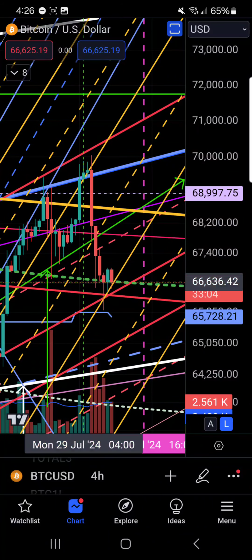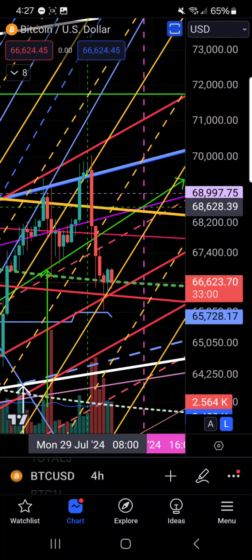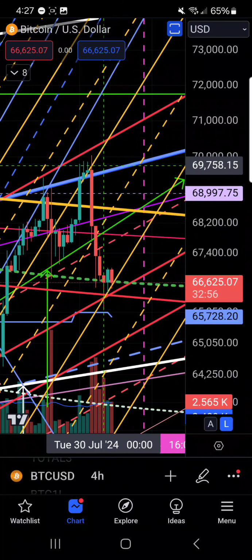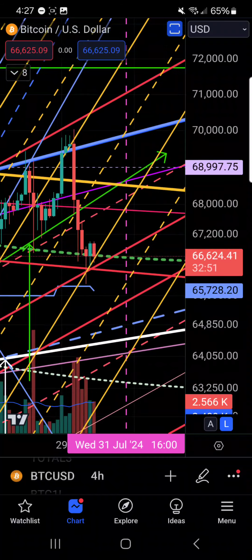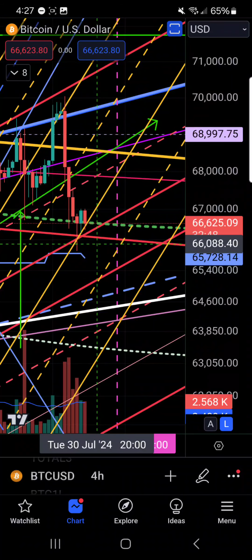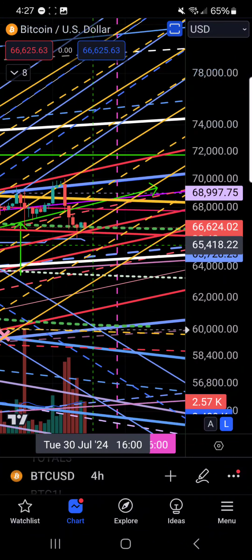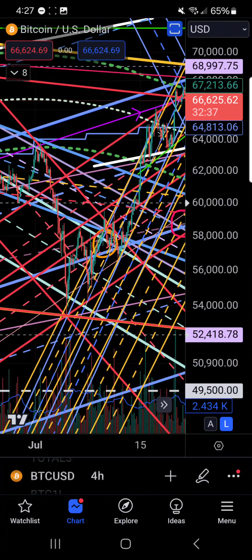So the fact that we could not clear and hold the top of this orange channel as support, or the tops of these other channels, leads me to believe that we will at least come down to the center lines of those channels, and possibly all the way down to the bottoms of those channels, for the reason that that's what we've done.